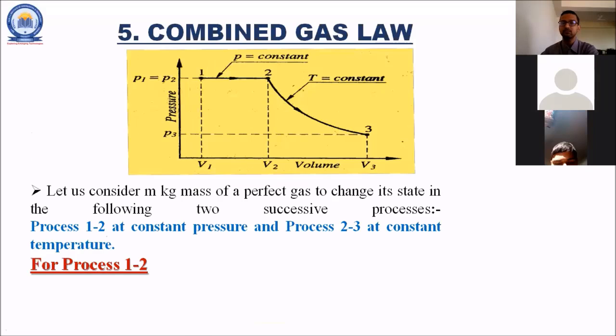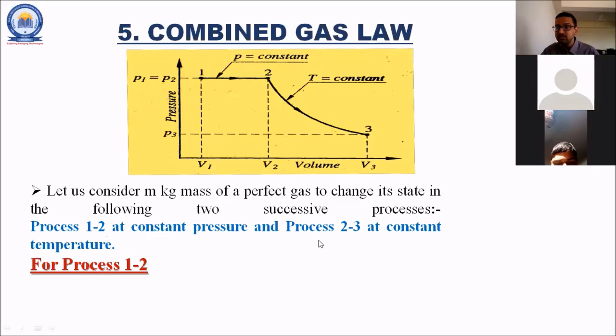So moving further, now we are considering m kg mass of the perfect gas to change its state in two successive processes. The first process we are considering, process 1 to 2, is taking place at constant pressure conditions.